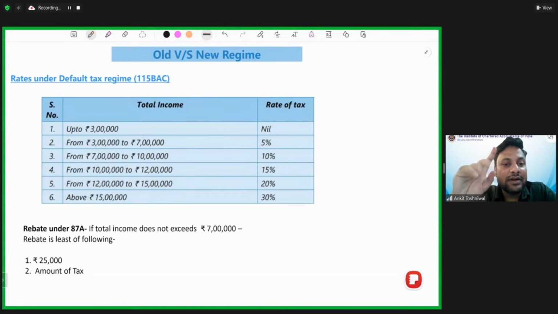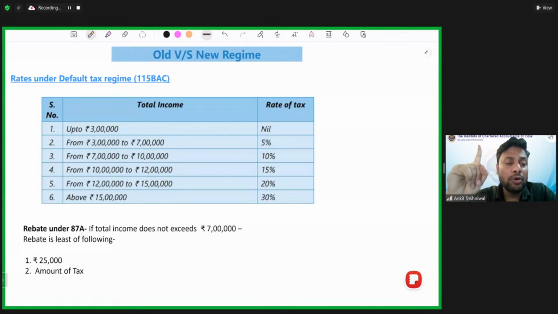If an assessee does not exercise any option, then he will be taxable according to the new regime. That's why it is default. Default means if you do not exercise any option, you are opting for the new regime only, and you will be taxed according to the new regime. Now getting my point?